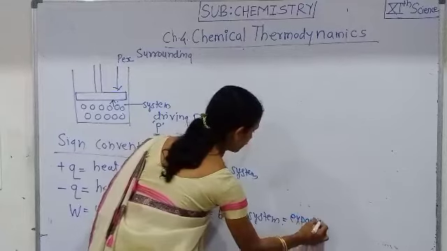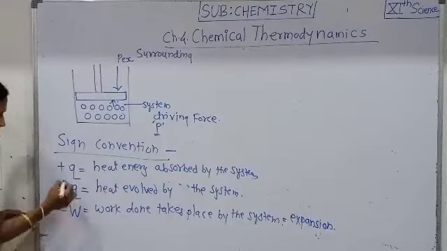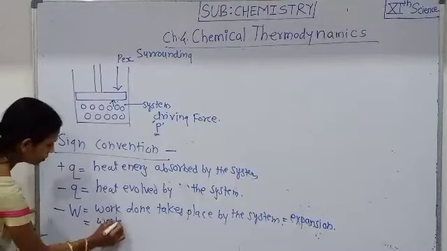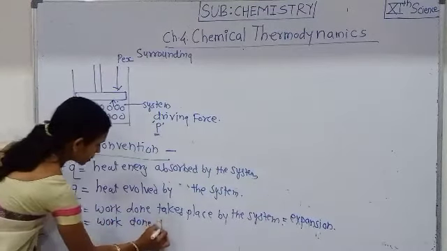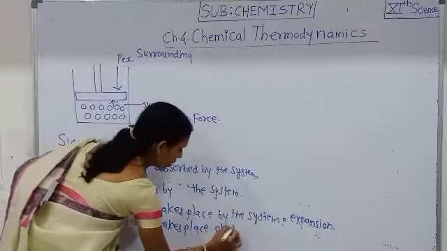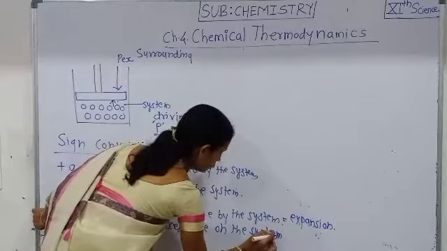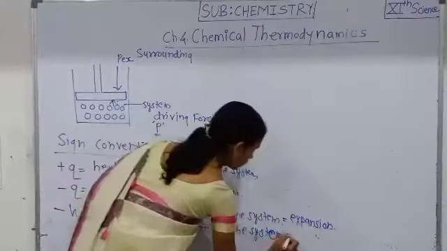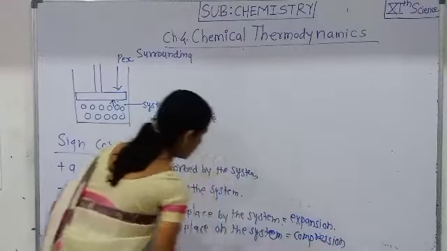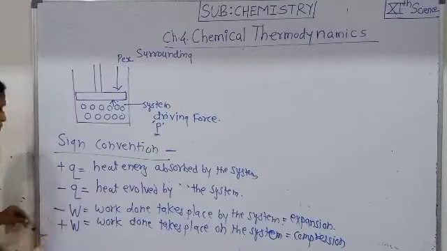Work done takes place by expansion, and whenever expansion takes place, here work done is negative. And when work done takes place on the system, then compression takes place, and therefore the work done obtained here is positive.